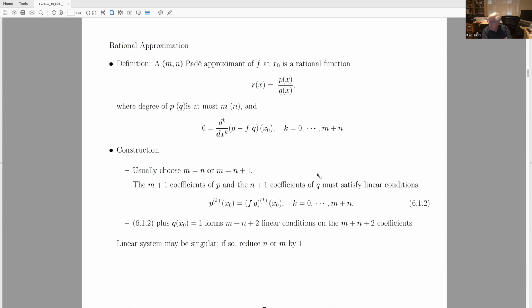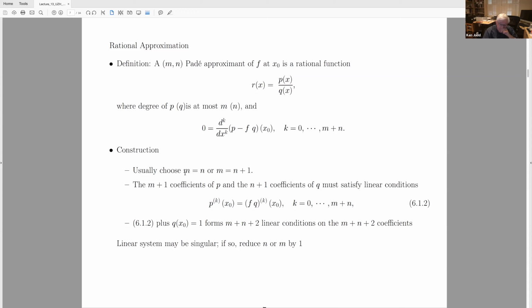Rational functions are ones where you have a polynomial divided by a polynomial. And what you do is you choose the coefficients of these polynomials, p and q, so that the derivatives of this rational function match the derivatives of f at some x naught.